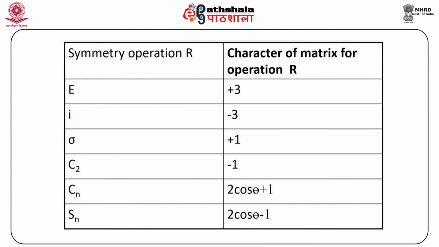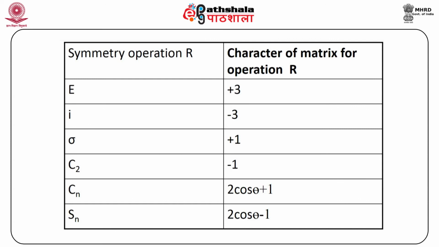All these contributions can be summarized into table form. What is the use of this table? This table gives me the direct result. If I take 3n vectors along x, y, z as the basis, and if I take any molecule and I know the unshifted atoms and shifted atoms, then I can find out the reducible representation directly.